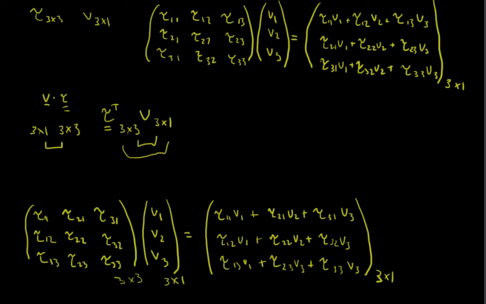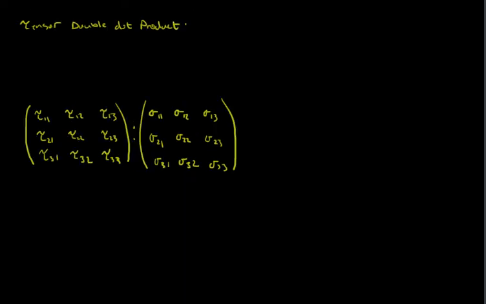So the last operation that I'm going to look through is the tensor double dot product. Just give me 1 second to get some blank real estate and I'll be right back. Okay, so we're looking at the tensor double dot product now. So we're going to have tau double dotted with sigma.